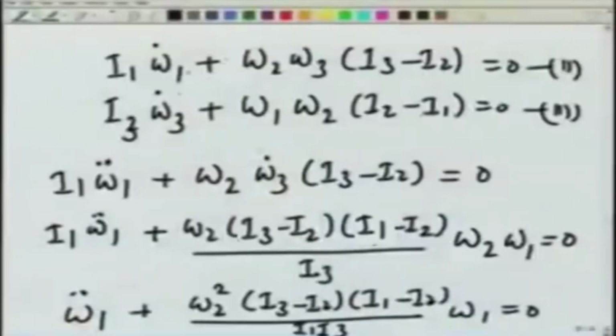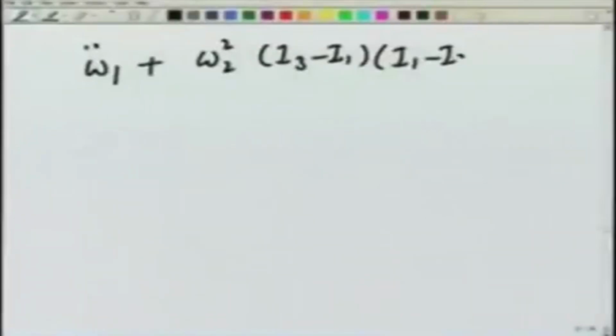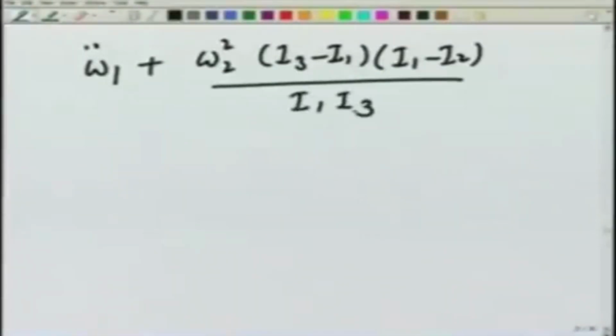So what we really did is differentiate equation 2 once more and substitute for omega 3 dot from equation number 3. And the final equation we get, let me rewrite it, is omega 1 double dot plus omega 2 square, which is a constant, (I3 minus I1)(I1 minus I2) divided by I1 I3 omega 1 is equal to 0.